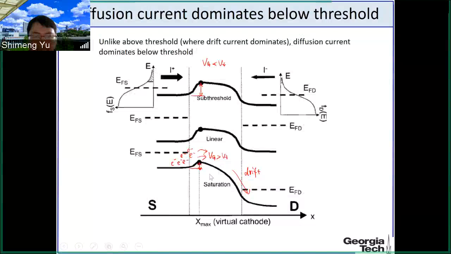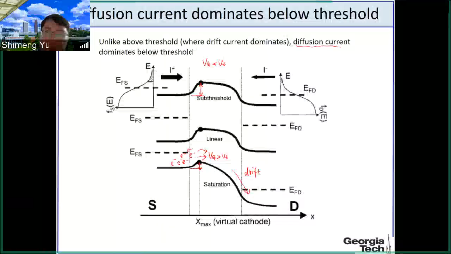So this is a drift current, and the current above the threshold is dominated by the drift current. But under the subthreshold condition, the drift current is small. So the major current component is diffusion. Diffusion current dominates below the threshold.